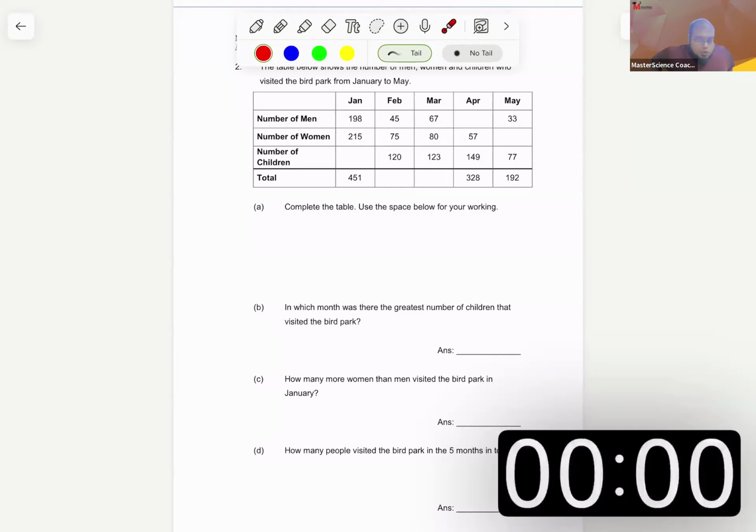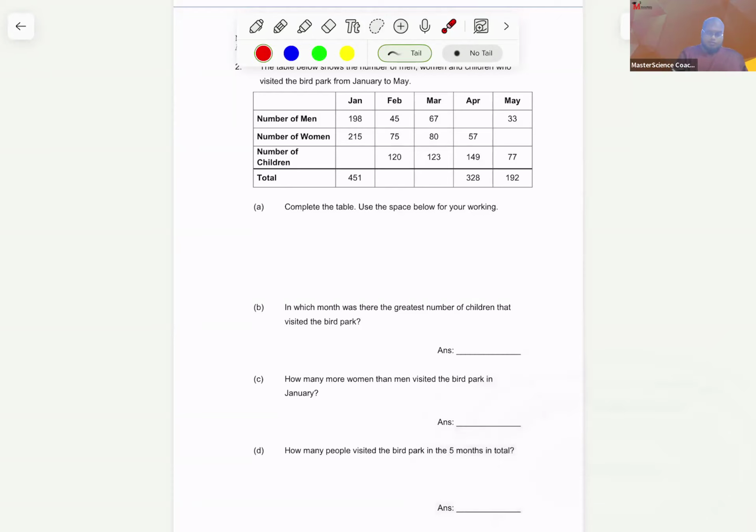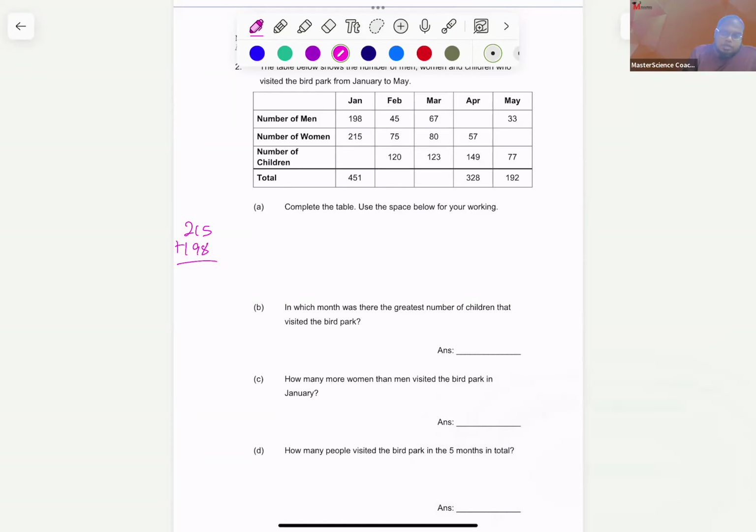Okay, so as I said just now, the first one, we plus, then we subtract, right? 215 plus 198 first: 8 plus 5, 13, 11, 4, so 413. 451 minus 413.